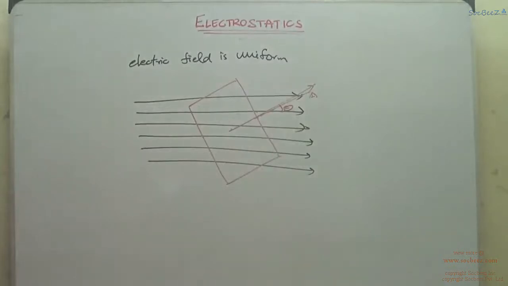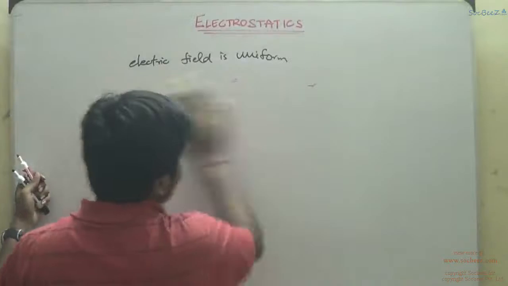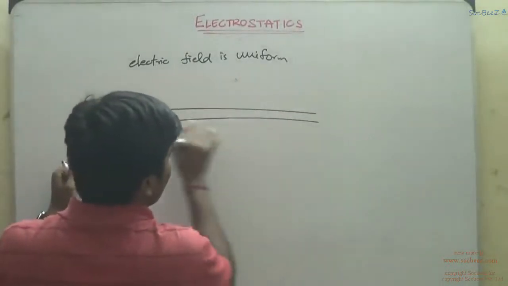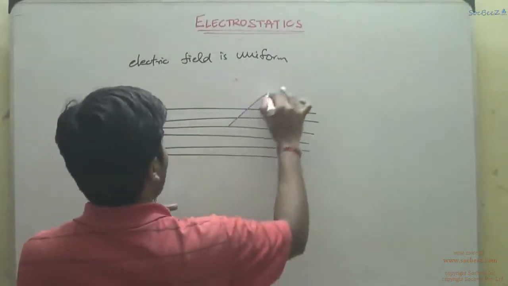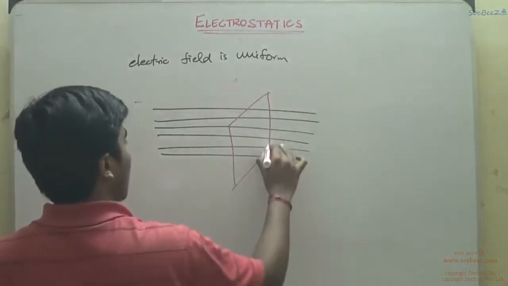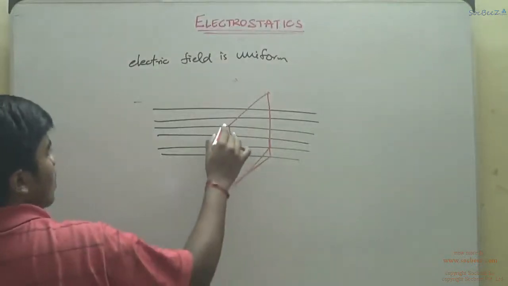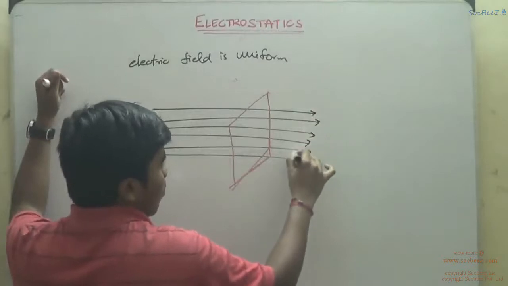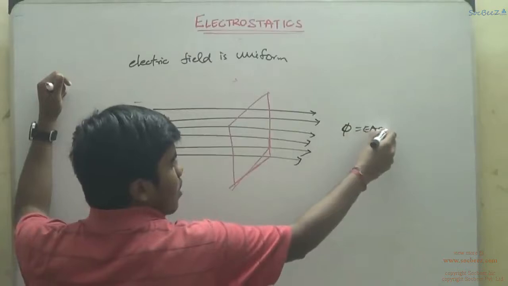Let me draw it in a way so that it's more understandable. So in this case, let the E be constant. So what will be the flux? Flux will be equal to E A cos theta, right?